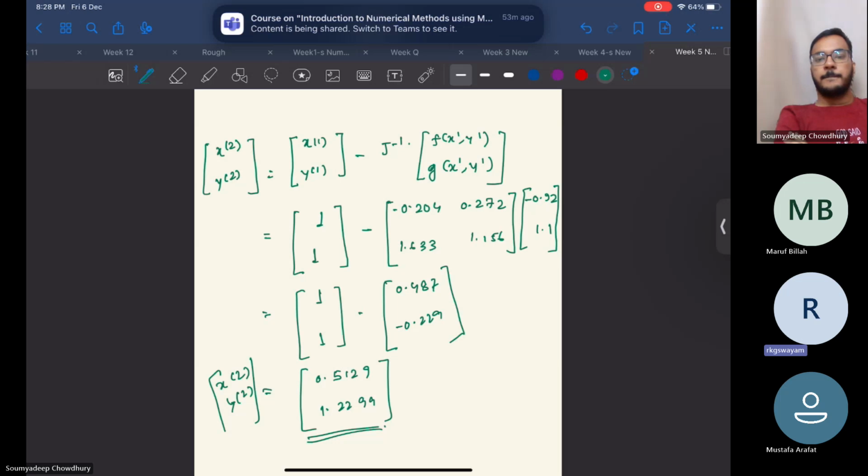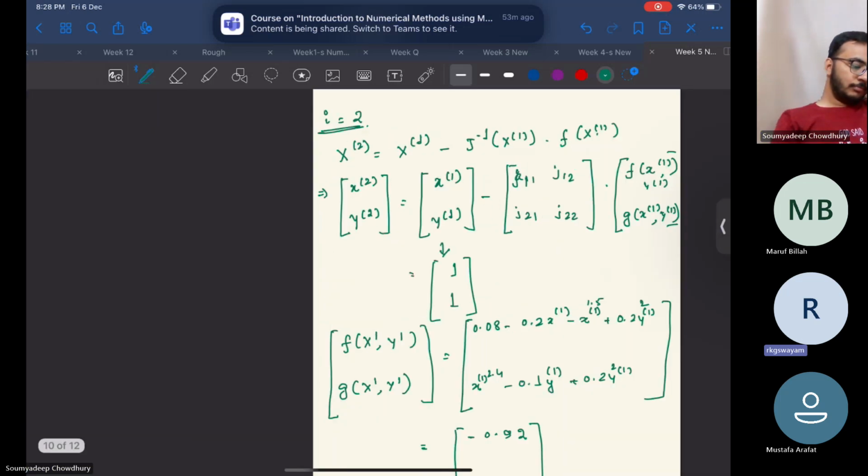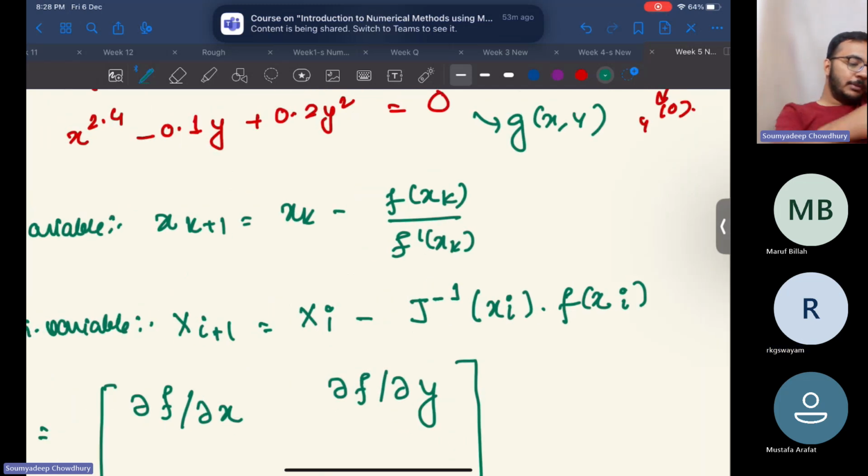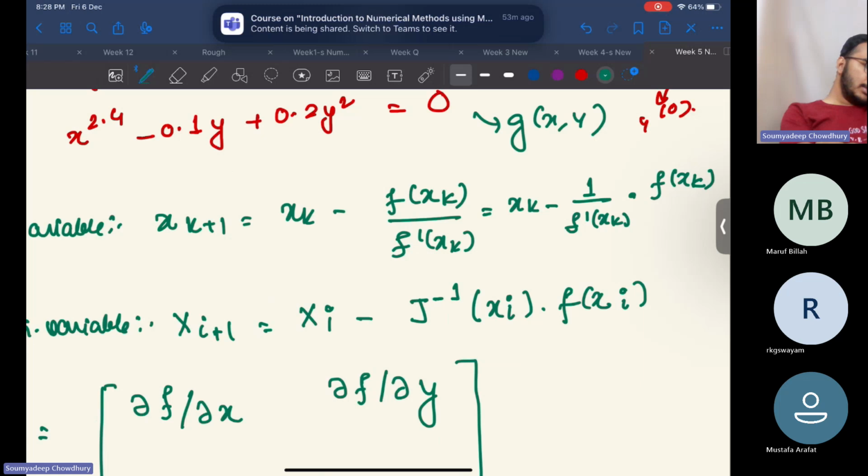So why are we taking the inverse of J? It is somewhat similar to the formula we developed for the single variable, and now for multiple variables. For the single variable, if we write it in this form, it is basically xk minus 1 by f dash xk into f of xk, right? So this f of xk corresponds to this f of xk. In place of 1 by f dash xk, we are using this Jacobian inverse.